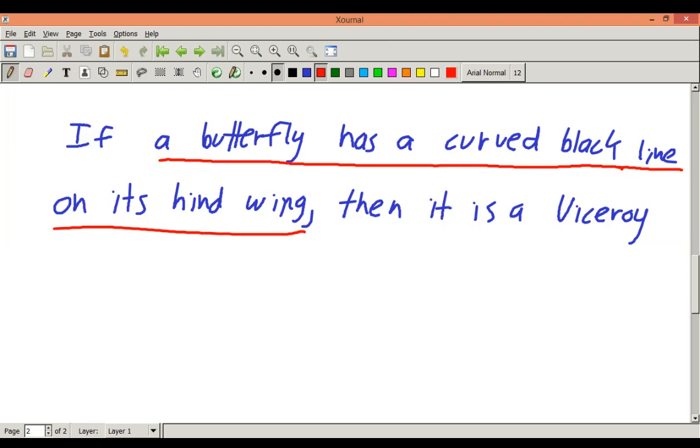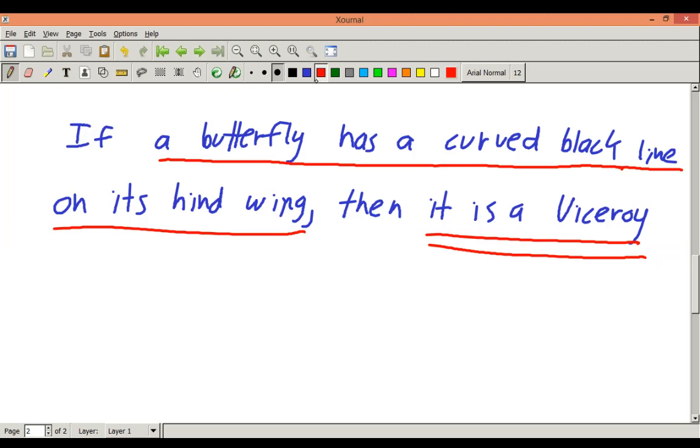And then I'm going to double underline the conclusion. So the conclusion is the part which follows the word then. So the conclusion is then it is a viceroy. So the hypothesis follows if, it's underlined once. The conclusion follows the word then, so it's underlined twice there.